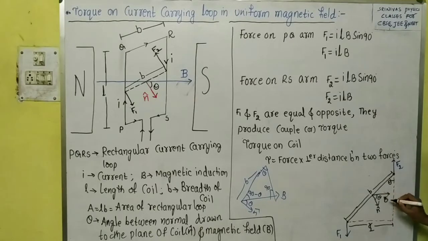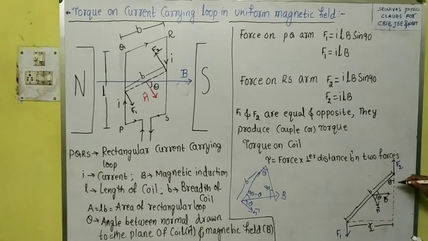First, this is B bar, this is N cap, this angle is theta, this N cap is perpendicular, this total angle is 90 degrees. This is 90 minus theta, this is 90 minus theta, and here you can do the extension, and this is 90 minus theta, 90, total 180 minus theta, but the sum of three angles in this triangle must be equal to 180. Then you will get the angle theta here.